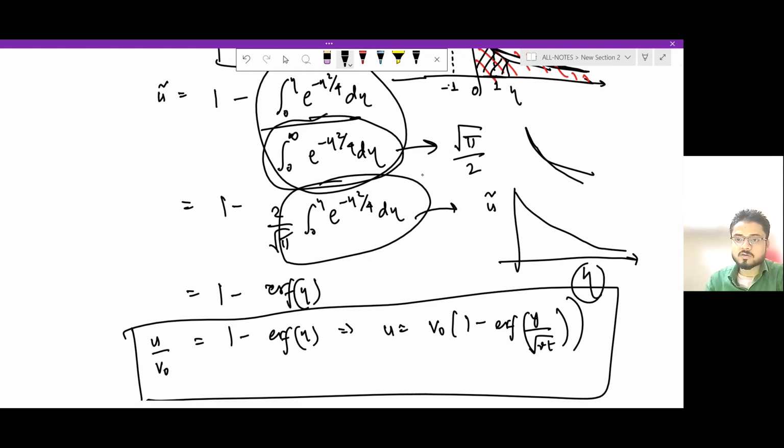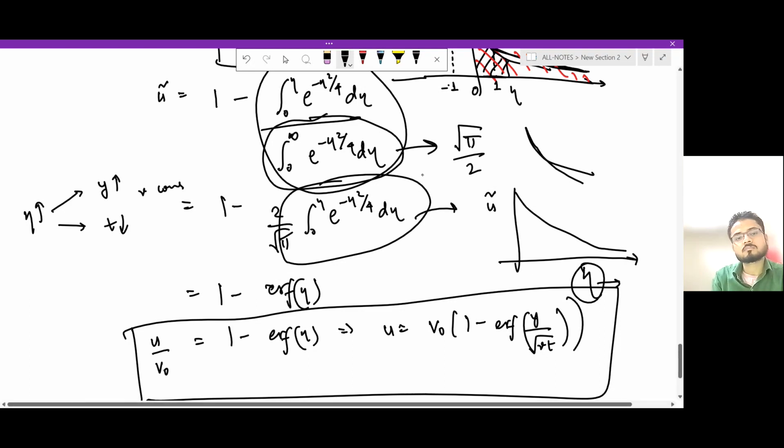As eta increases, that could mean two things. One, y increases, and the other, that t decreases, assuming nu constant. So if y increases, this would imply that you are going further and further away from the moving plate. And of course, the effects of the moving plate would be felt less in comparison to the previous layers, so u would be less.